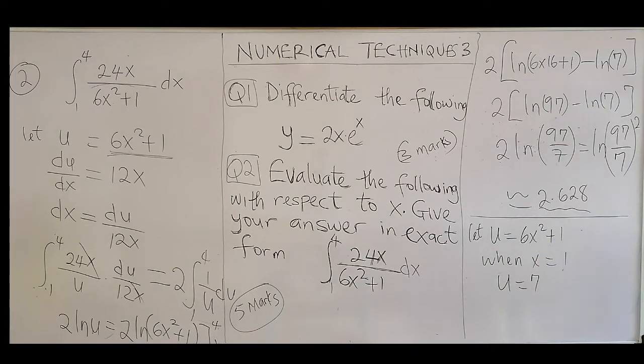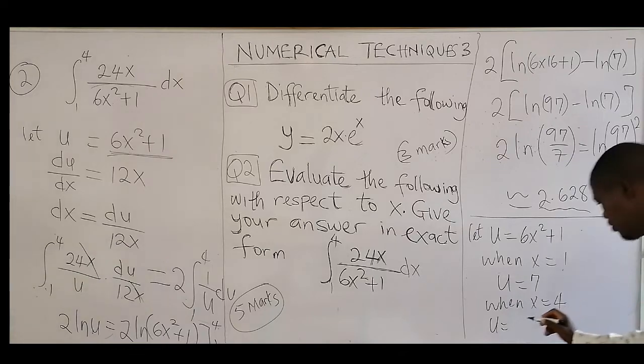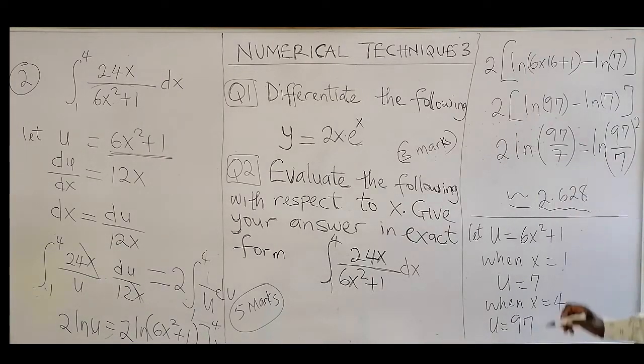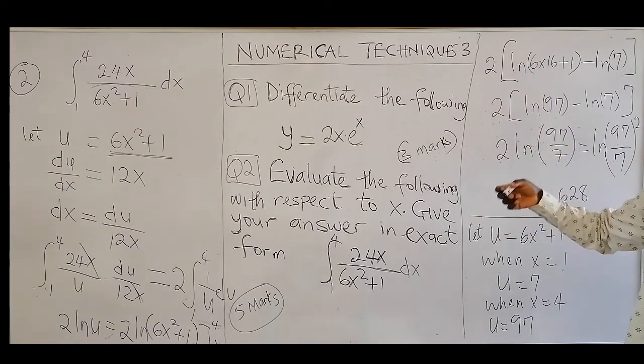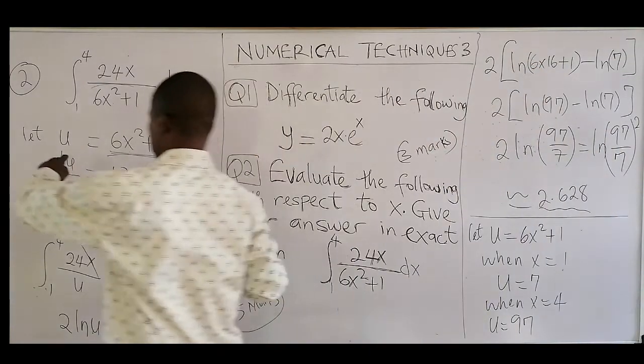When x is 4, u will be equal to 6 times 16, 4 squared is 16, plus 1, that's 97. So we've changed the upper boundary and the lower boundary to the form of u.